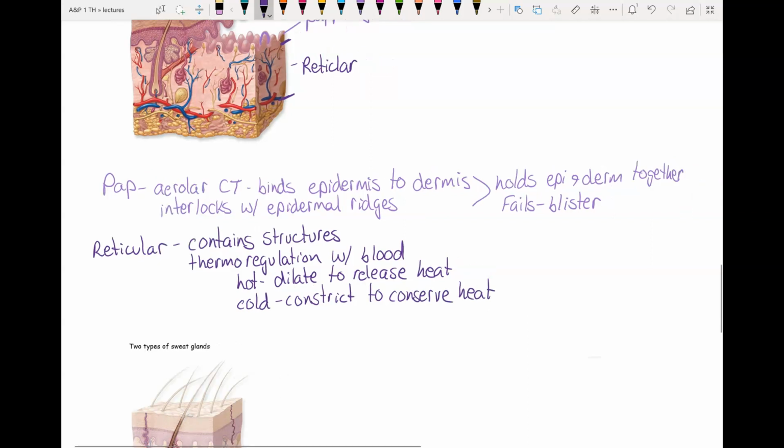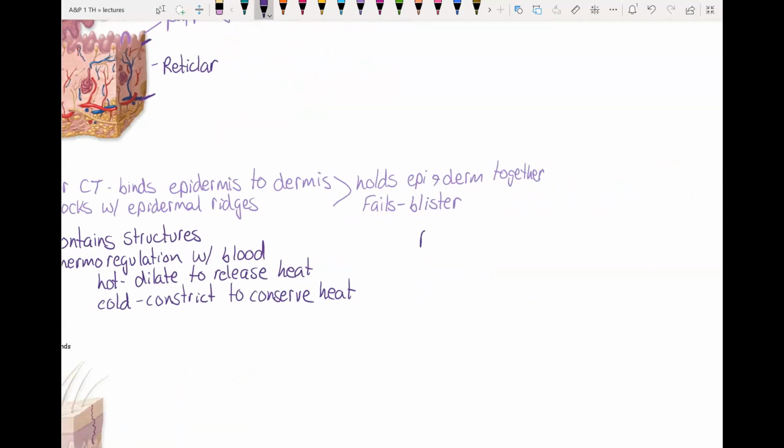And the reticular layer is made of dense irregular connective tissue. So dense connective tissues have collagen fibers. You've probably heard of this. A lot of wrinkle creams claim that they restore your collagen.